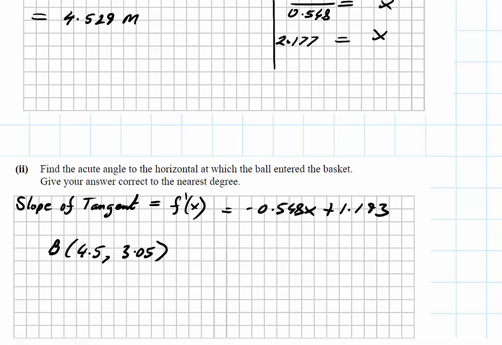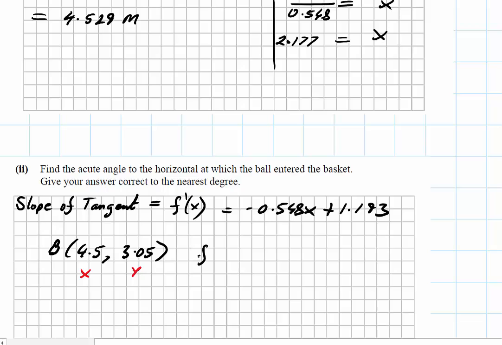Whenever you get a point, any place in paper 2 in general, or any place in any paper in maths, it's usually a good tactic to call the point (x, y) or (x1, y1), because that indicates what you've got to do next. And in this case, that means putting in 4.5 for x in our equation, because we're looking for the f'(x) at the point B.